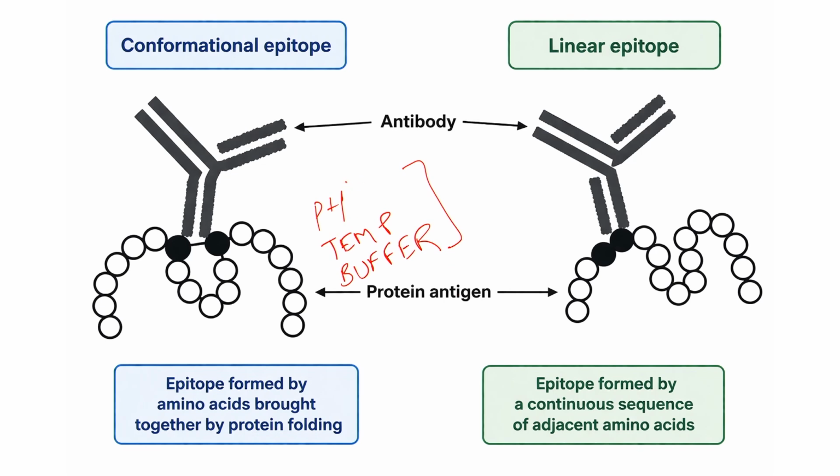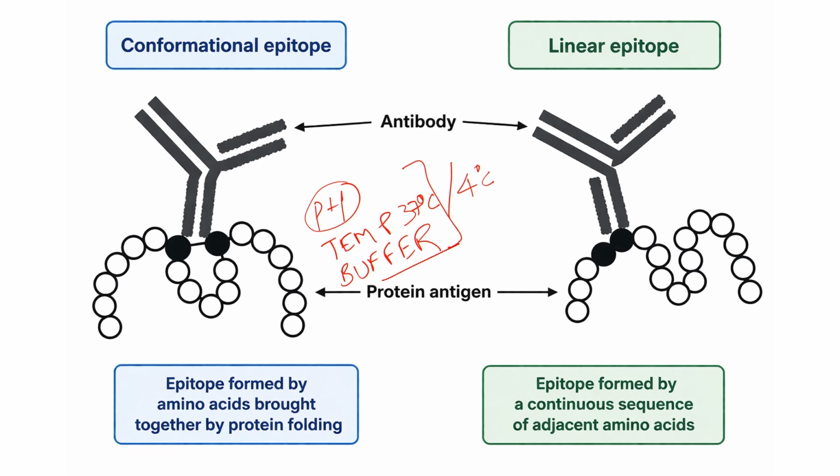If the pH is acidic, the conformation may be different; if the pH is alkaline, it might be different. At 37 degrees centigrade you can see one conformation, while at 4 degrees centigrade you see a different conformation.